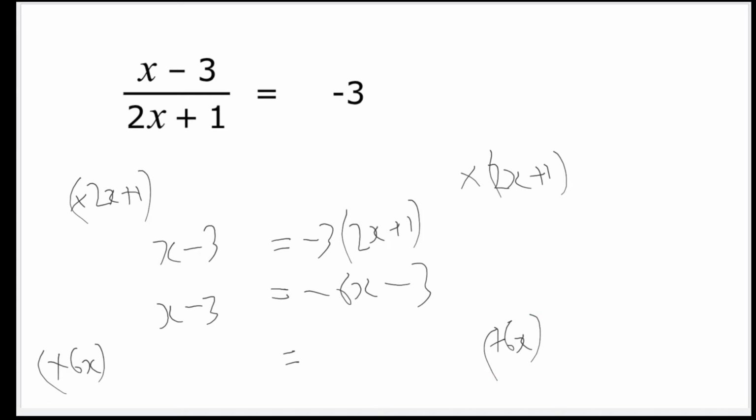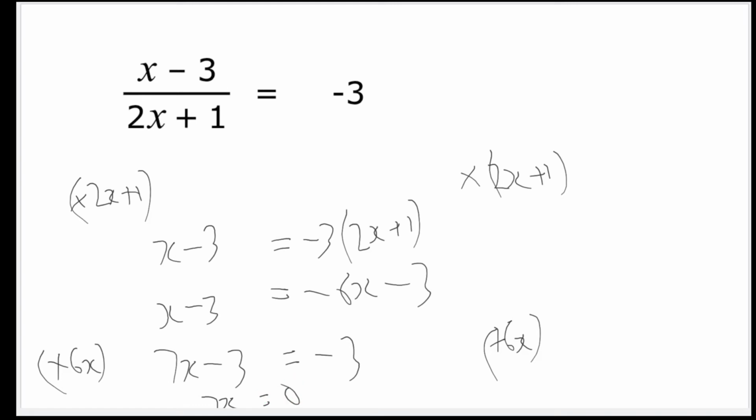So we've already got x plus 6x gives me 7x minus 3 is equal to minus 3. Okay, well, I need to get rid of the minus 3 on the left, so I add 3, and I get minus 3 plus 3, which is equal to 0.